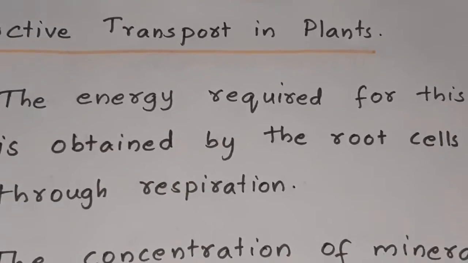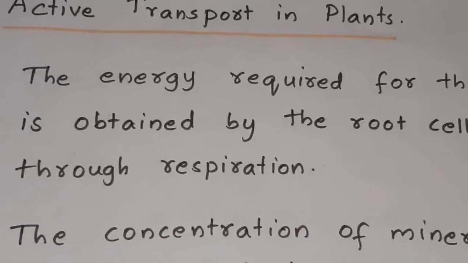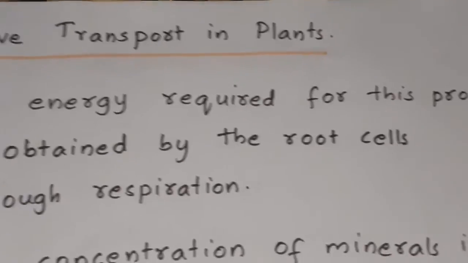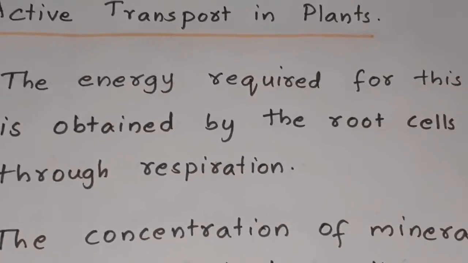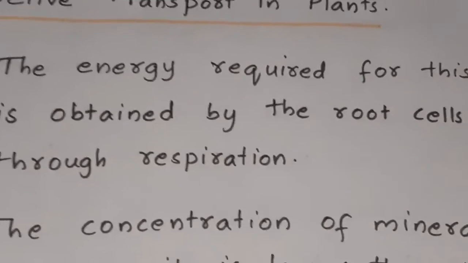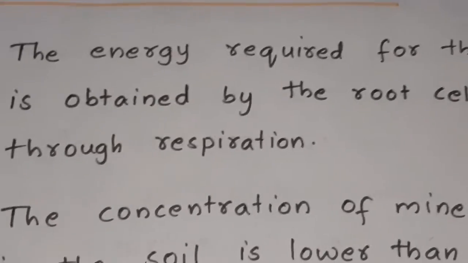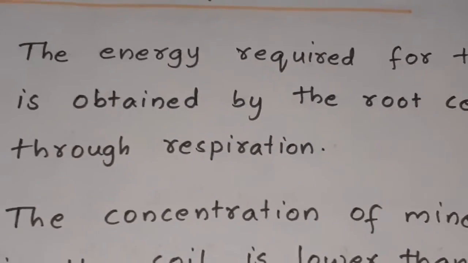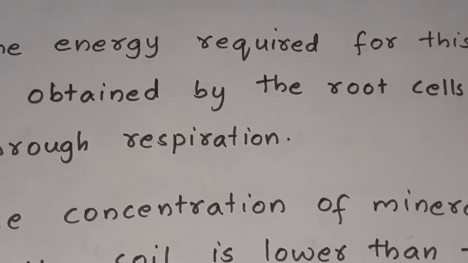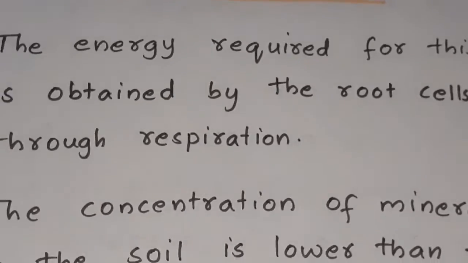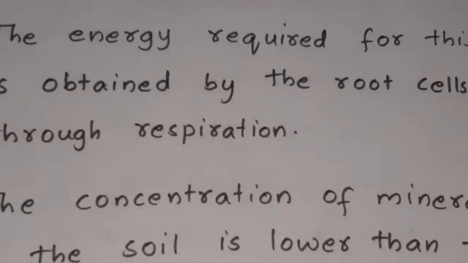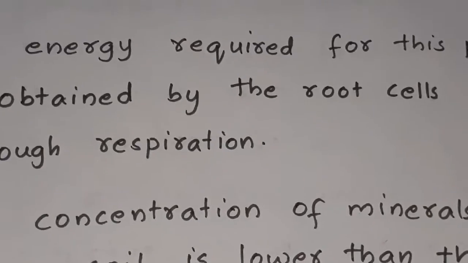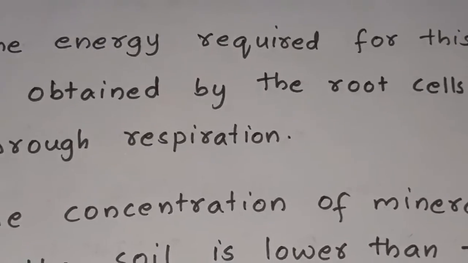Now we will see how this active transport happens in plants. First point, the energy required for this process is obtained by the root cells through respiration. You know the respiration process, releasing of energy. In that process, the plants release energy by breaking down food particles. Okay. Now here, the energy required comes from the process of respiration.